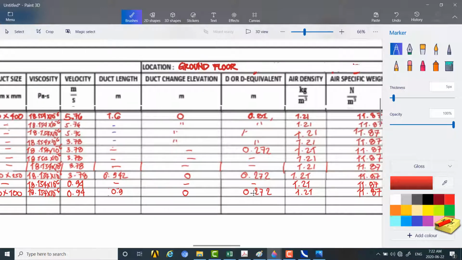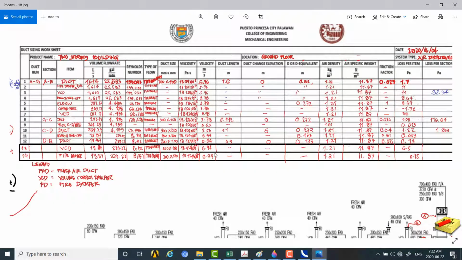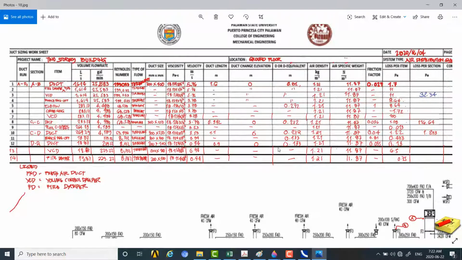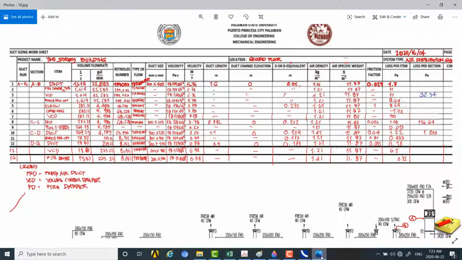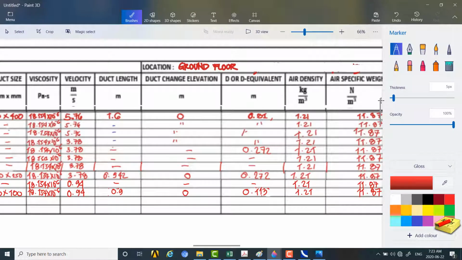Then the elevation, the equivalent, okay, repairing that one. So this is that part, D to D2. So we have the equivalent of 0.113. So let's change that one, 0.113. Okay. It is 0.113. 133 pala, sorry.